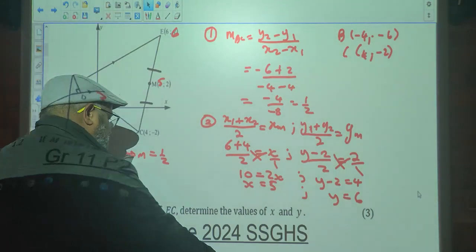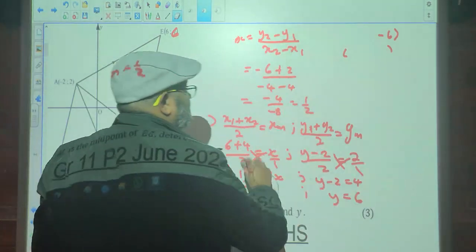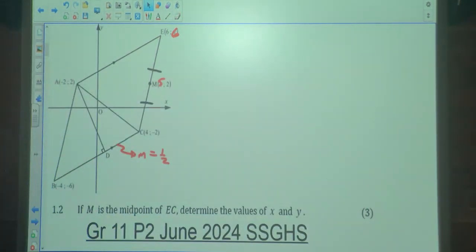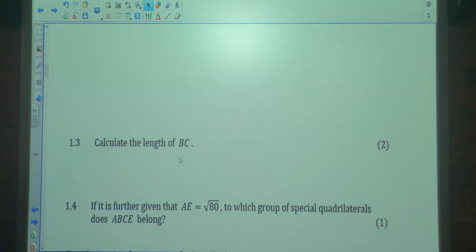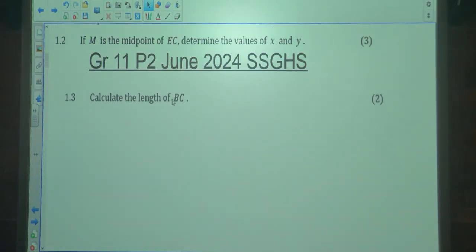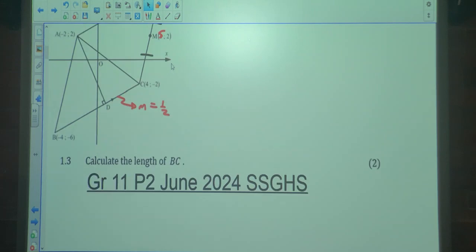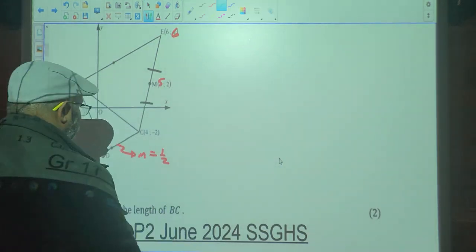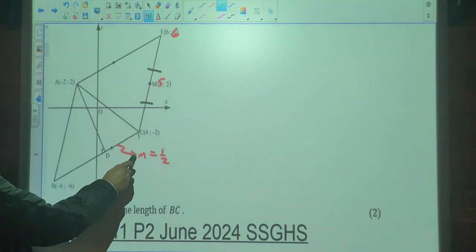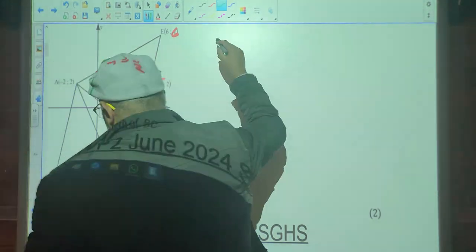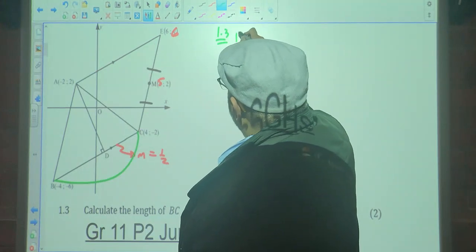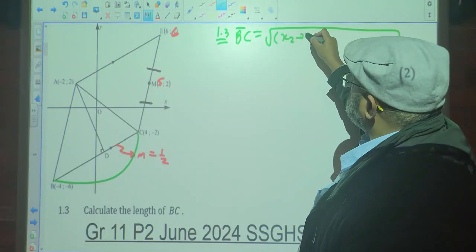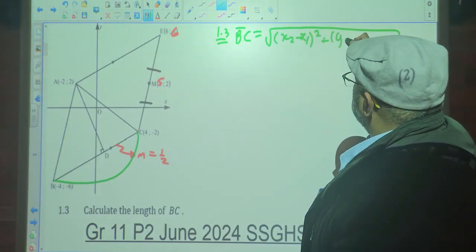Alright, so what I'm going to do is take this off, because whatever we have calculated as well as on the diagram, I'd like to keep the diagram in focus. Question 1.3 says calculate the length of BC. So BC is this length here. How do we calculate the length? We use the distance formula. So it's going to be the square root of x2 minus x1 squared plus y2 minus y1 squared.